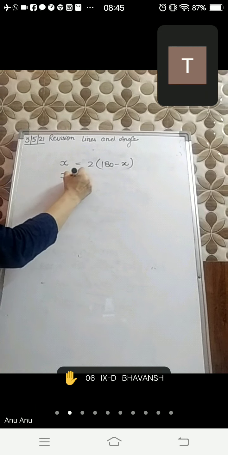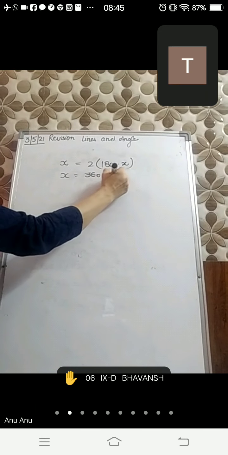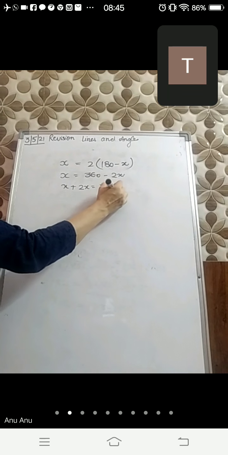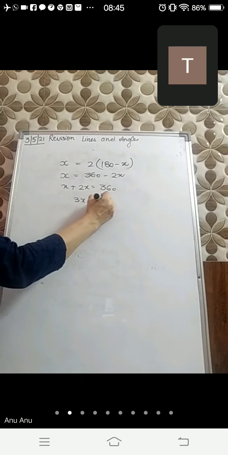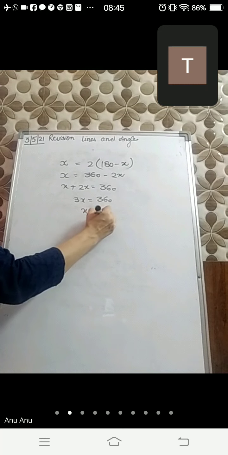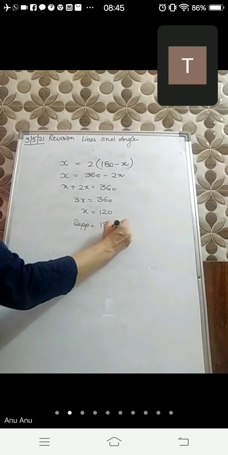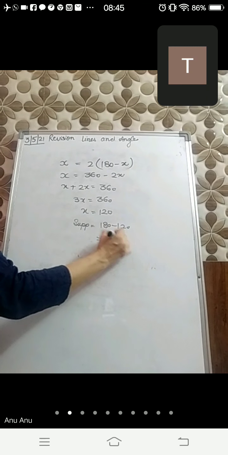Now x is equal to 360 minus 2x. x plus 2x is equal to 360. 3x is equal to 360. x is equal to 120. And its supplementary angle is 180 minus 120, that is 60 degrees.